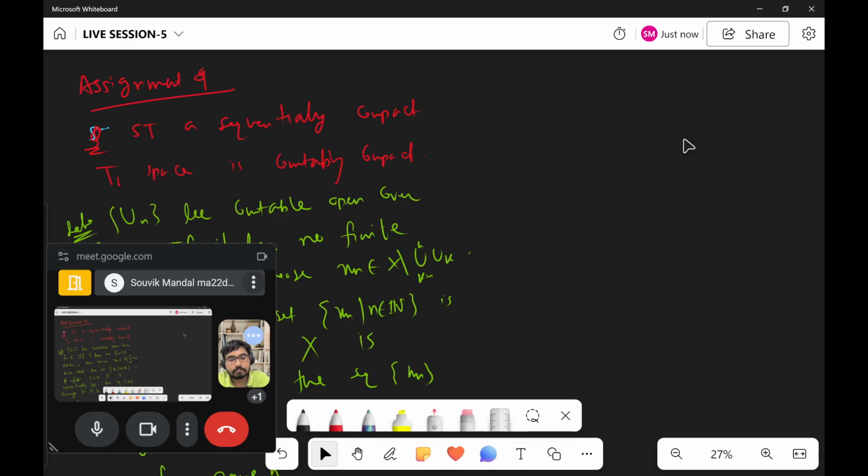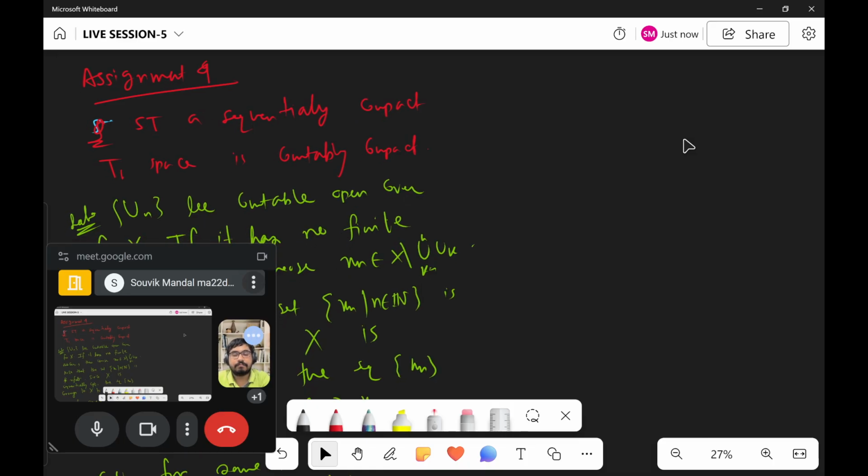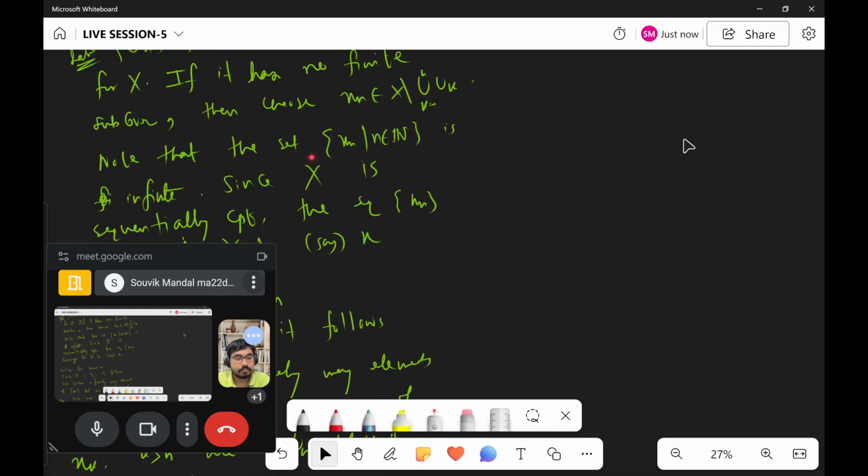Basically, since Un is a countable open cover for X, if it has no finite subcover, then we can choose any xn belongs to X minus the union of Uk. Note that the set {xn} is infinite.